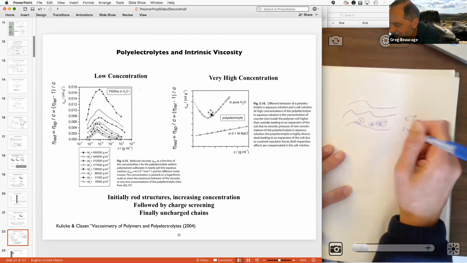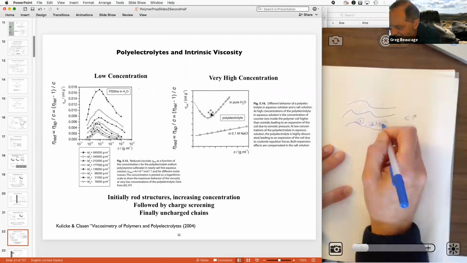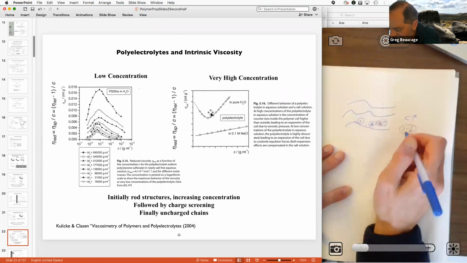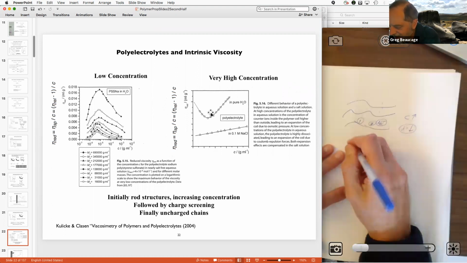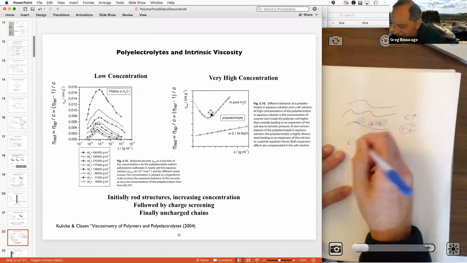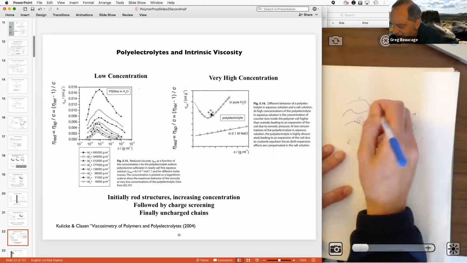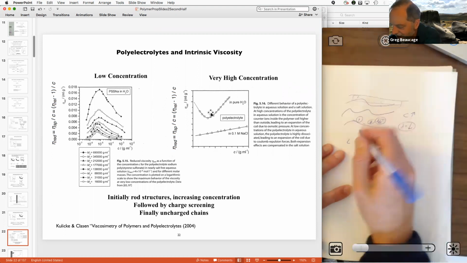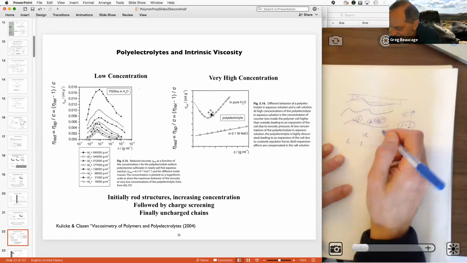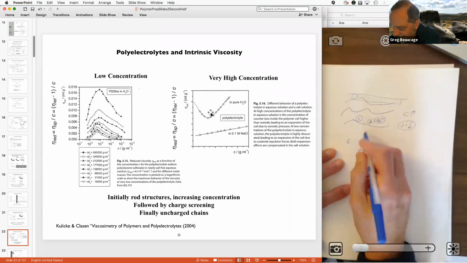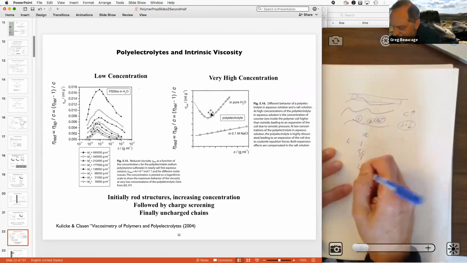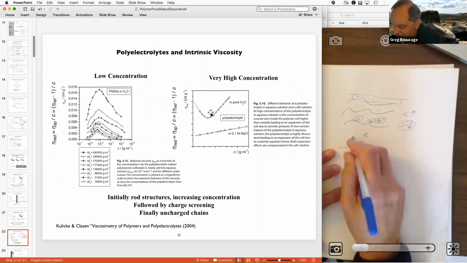So an isolated polyelectrolyte would probably be fully extended, like a linear chain, so you have Df of 1. Then as you increase the concentration of the chains, Df can go to 5/3, and then you increase more, it can go to 2, without any change in temperature.